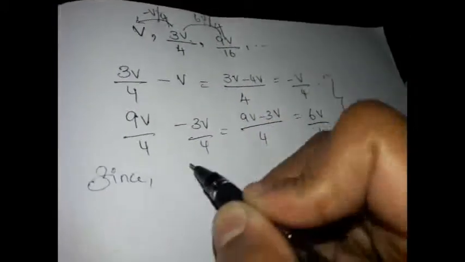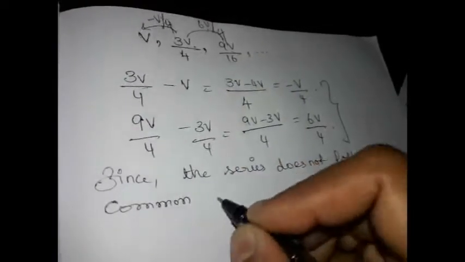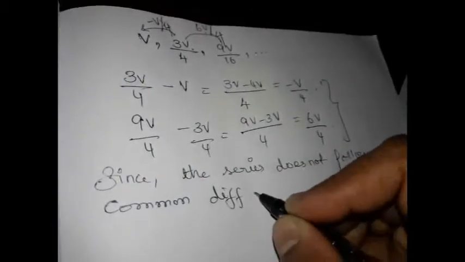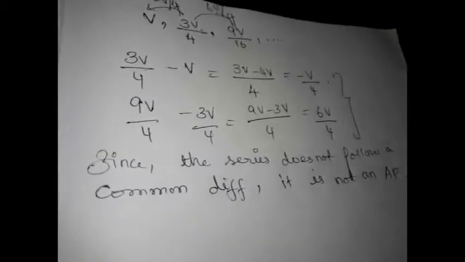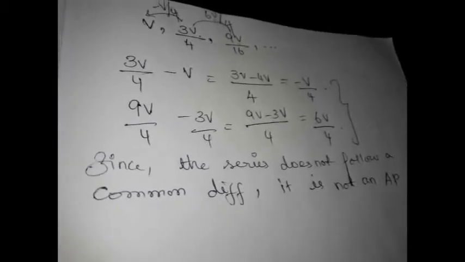You can write: since the series does not follow a common difference, it is not an AP. It is not an AP, right? Likewise, you can check whether the given situation is an AP or not by expressing the situation mathematically, right? Let us see the next two questions.